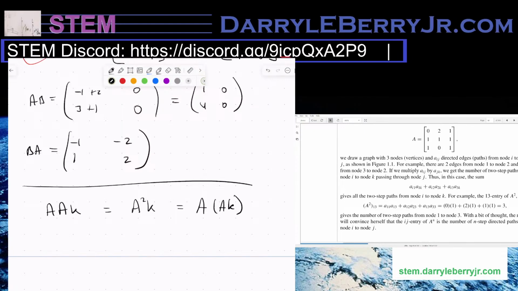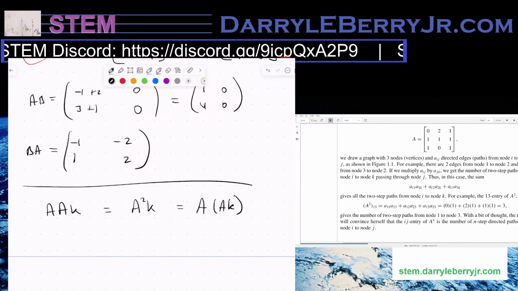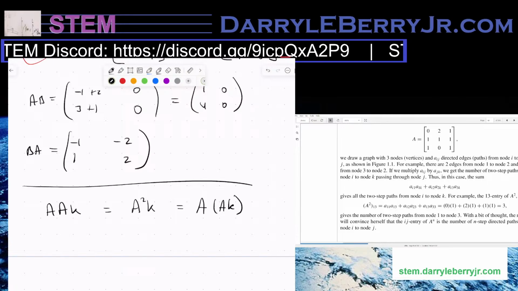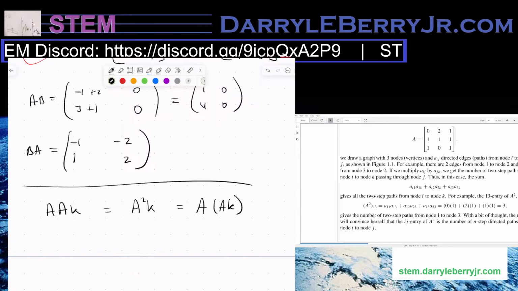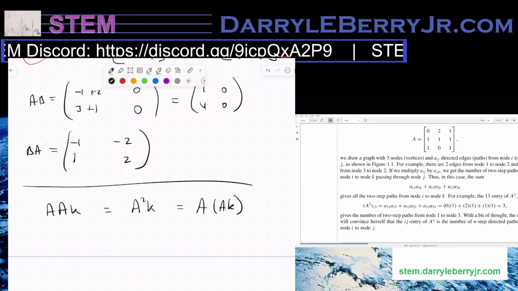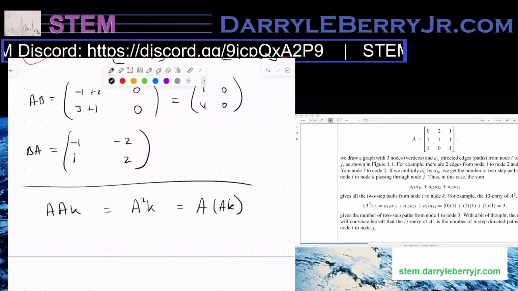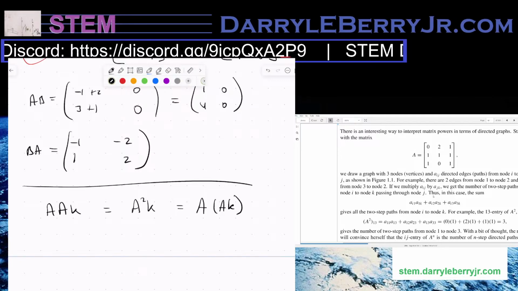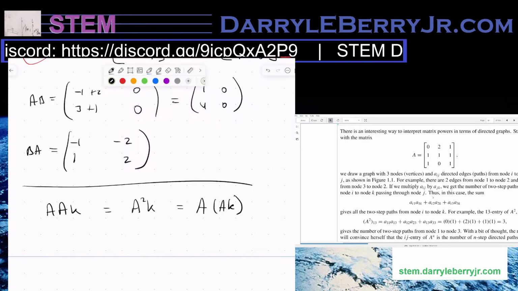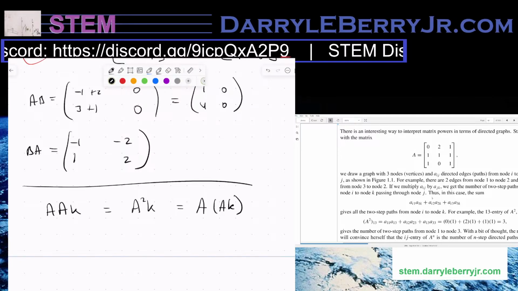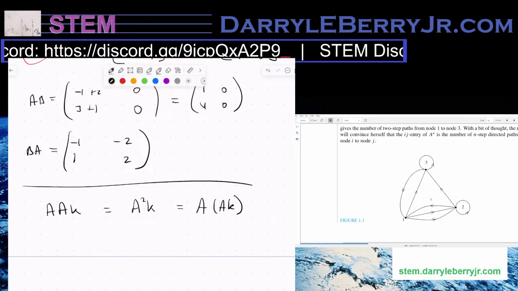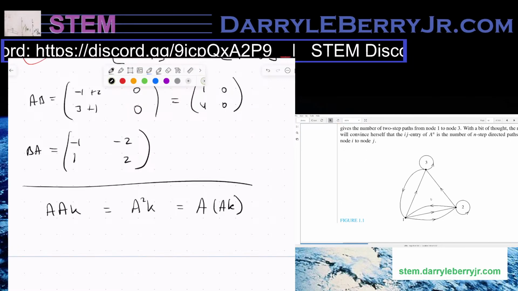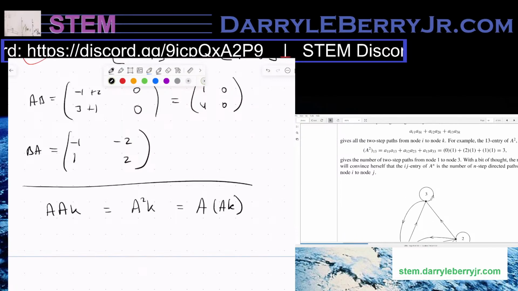For example, there are two edges from node 1 to node 2. So 9 paths. 1, 2, 3, 4, 5, no, 6 paths.